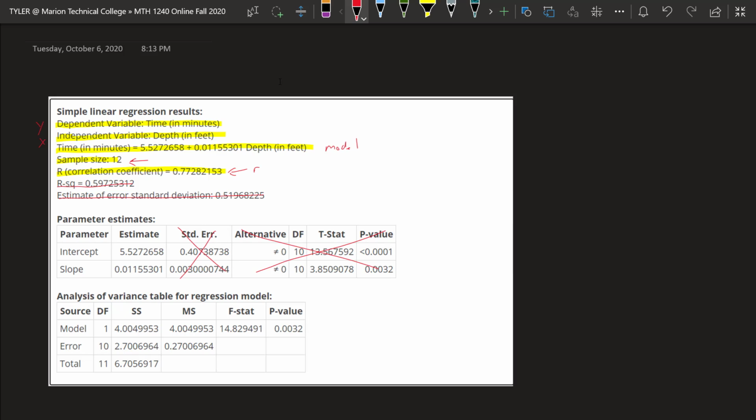Actually, all of these numbers we won't worry about. And then this number we'll deal with, the sum of the squares of the error, and this number, right? So the intercept is just your b sub 0, and the slope is your b sub 1. So those are your estimates.